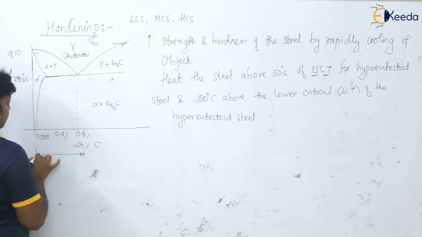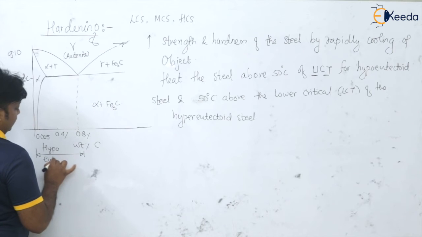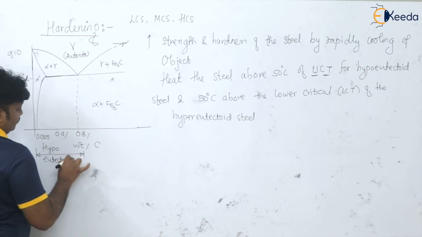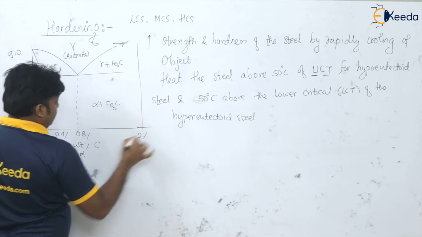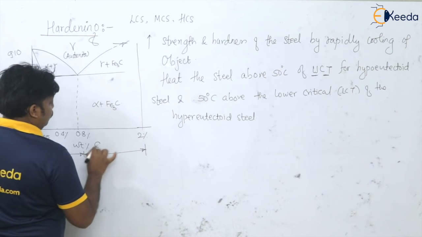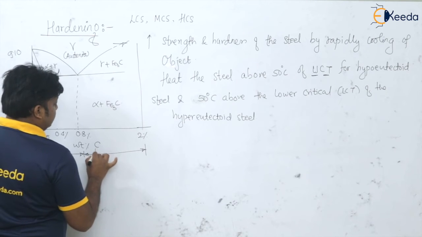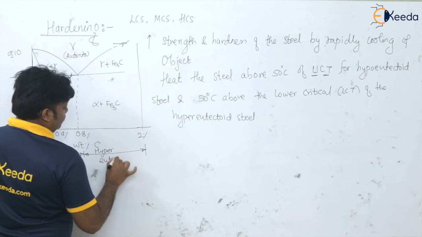This is the region for the hypoeutectoid steel, and from 0.8 up to 2.1% is hypereutectoid.